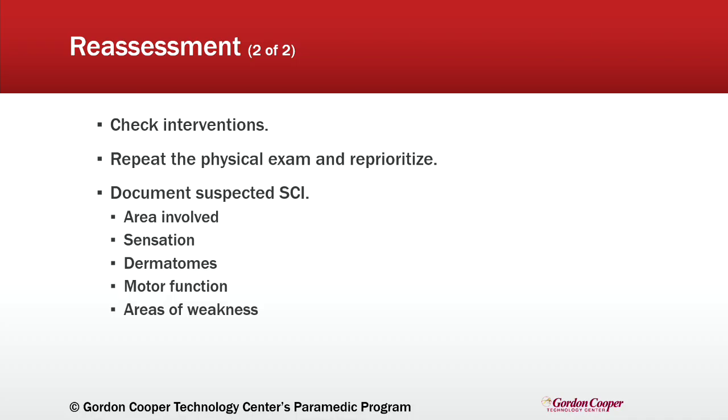Repeat the physical exam and reprioritize the patient's care as needed based on those findings. Be sure to document any suspected spinal injury, noting the area involved, any sensation, dermatome issues, motor functions, and any other areas of weakness that you discover along the way.